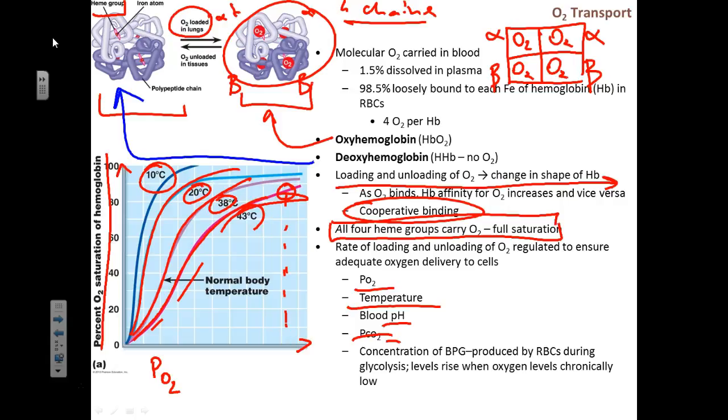Lower pH, so acidity, and working out. Very good. When you work out, your tissues become warmer and more acidic. What do they require more of also? Oxygen. Okay? So essentially, the oxygen delivery to the tissues that are hot and acidic should increase, and we'll see how it works.